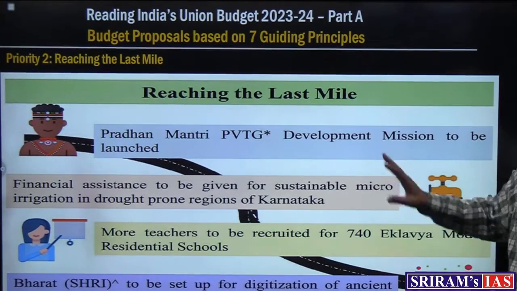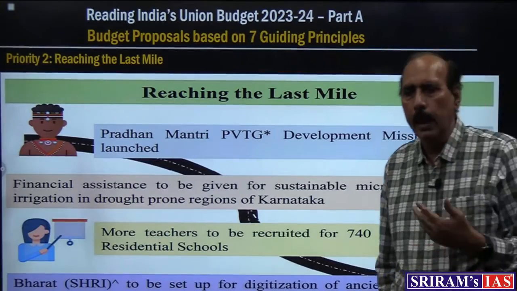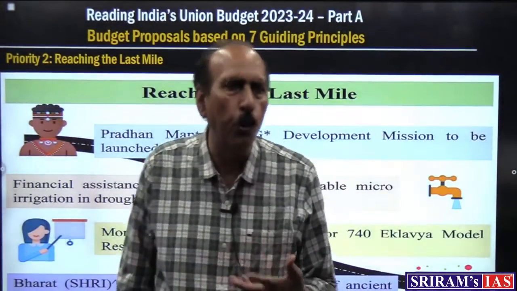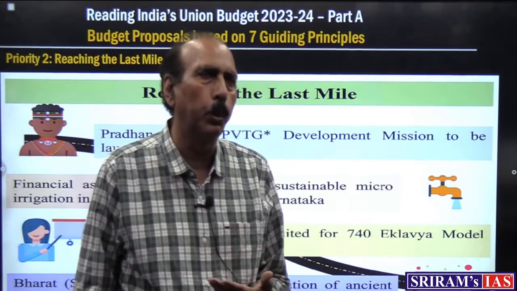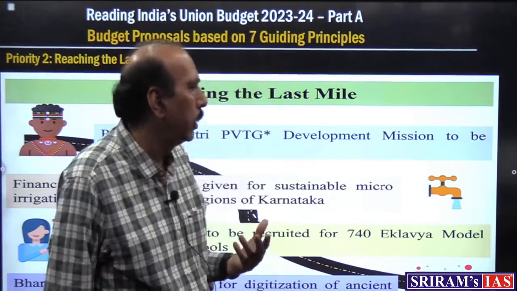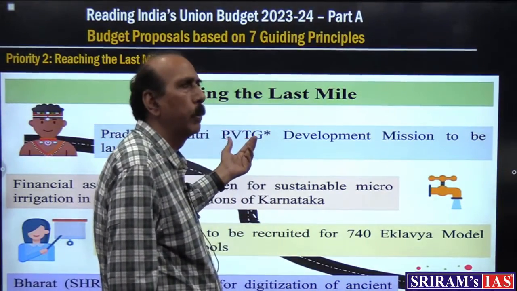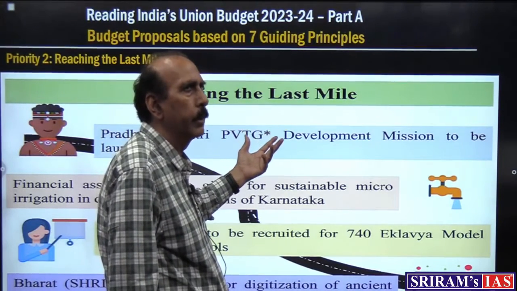Reaching the last mile means the government wants to reach the last mile person living in the country who has not so far received the benefits of the growth, and therefore they are called the last mile, particularly the vulnerable tribal groups which are living in inaccessible areas.